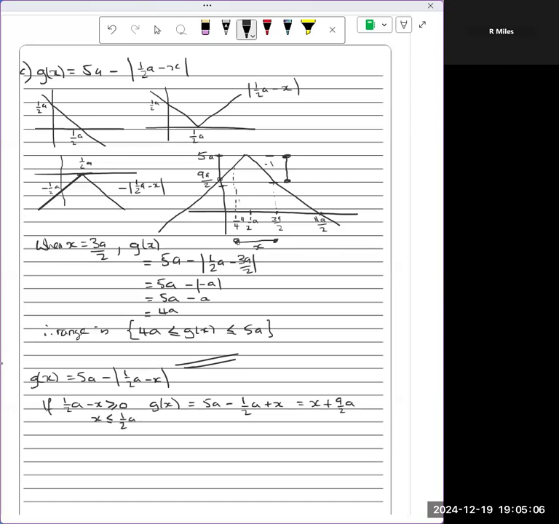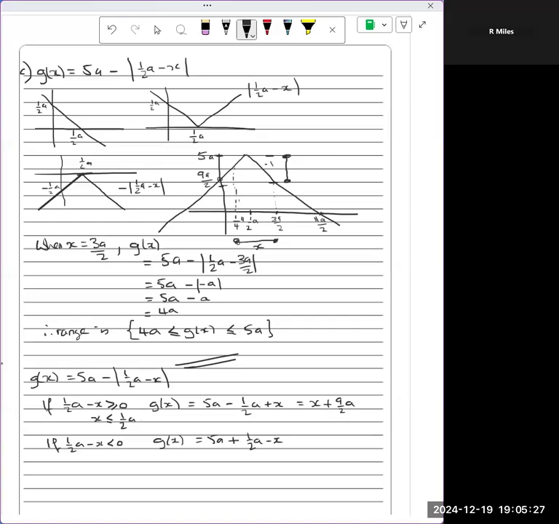Okay. And then the other possibility is if a half a minus x is less than naught, then g of x is 5a minus the minus of the bracket. So it's going to be plus a half a minus x.